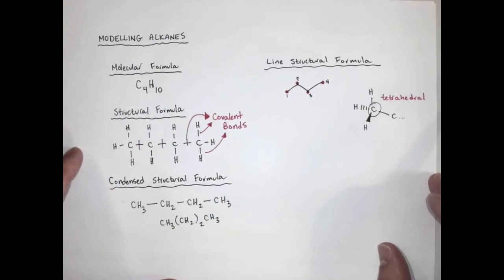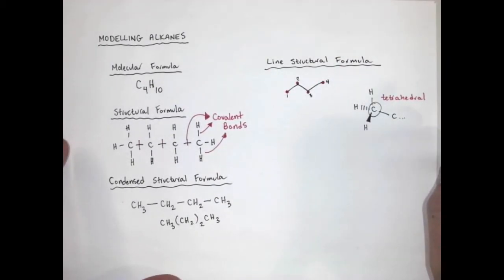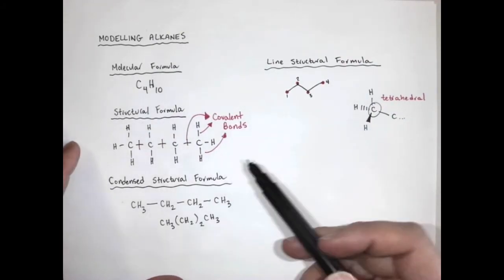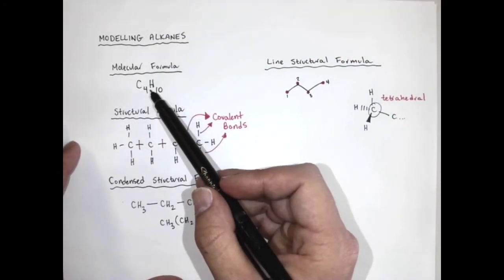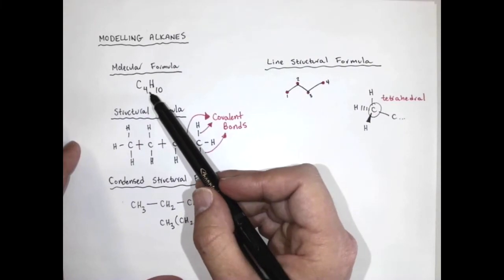I'm just going to make a quick note here. There's a whole list of rules for how we name these compounds, and that's what we're going to look at in the next video. But I'd encourage you to have a look in Genius at the list of rules I posted in there. That goes over the naming conventions and the root names that we give for these types of molecules. So I said this is butane.